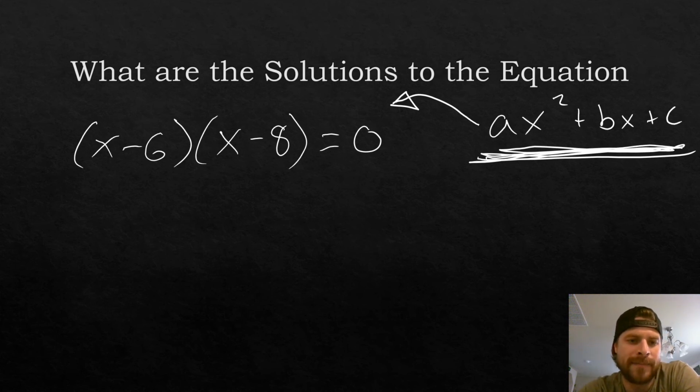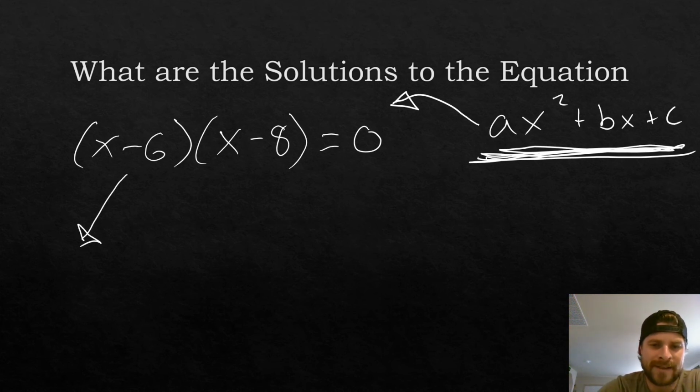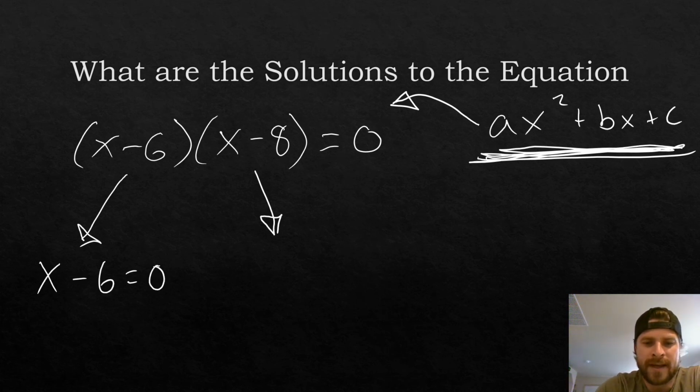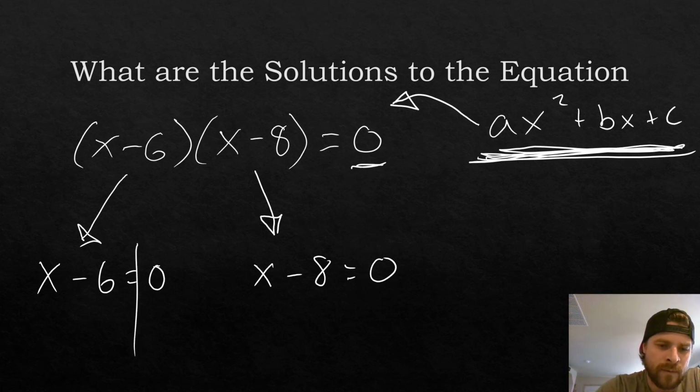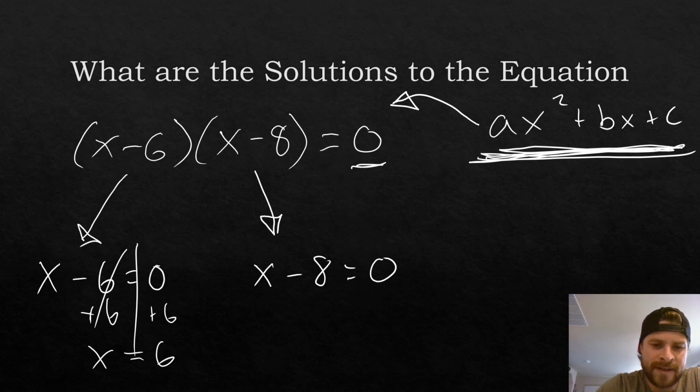All right, so x minus 6 times x minus 8. We can solve these pretty quickly. Remember, we need to know that this is 0 or this is 0. So we're going to say x minus 6 equals 0 and x minus 8 equals 0. One of those two has to be true to get the product of 0 here. Solve each one: add 6, which cancels, x equals 6.